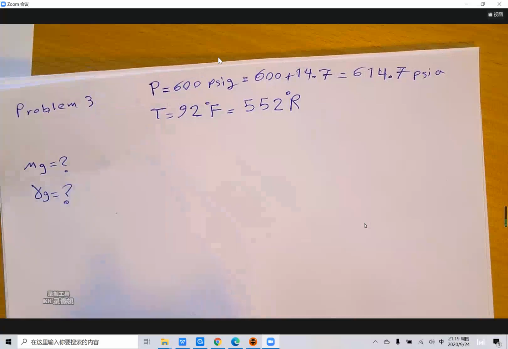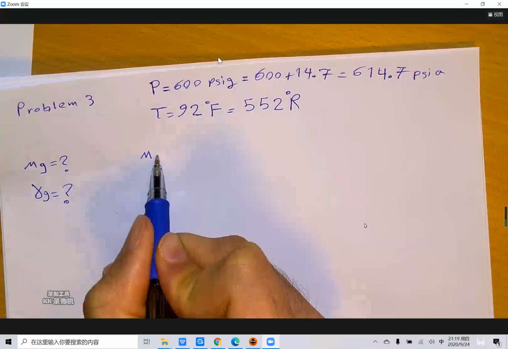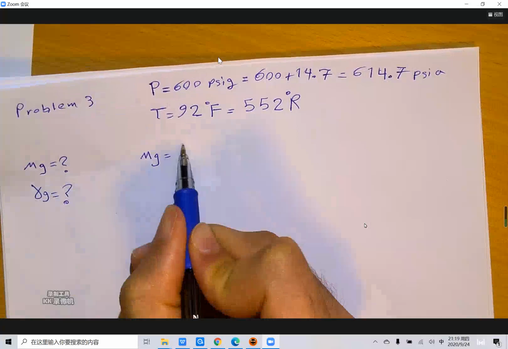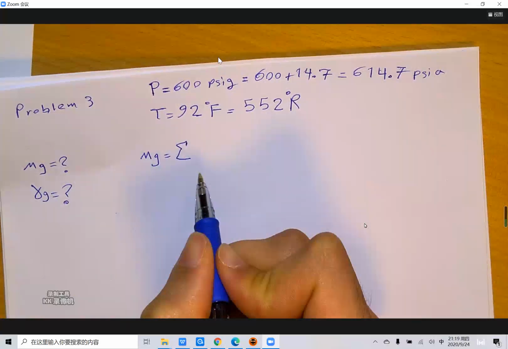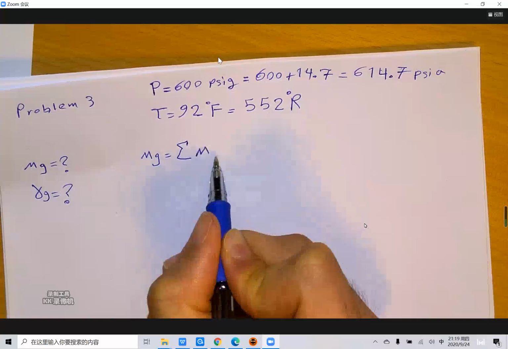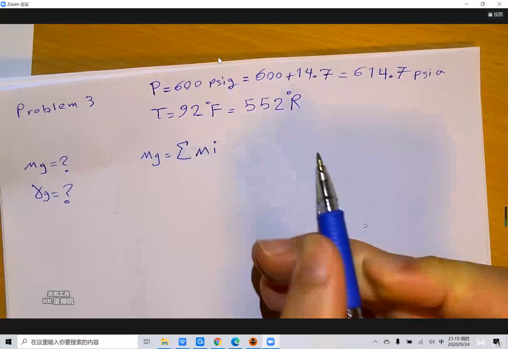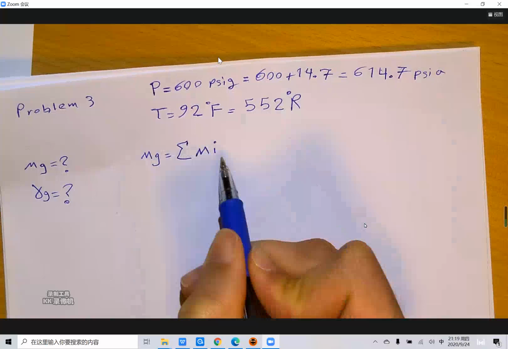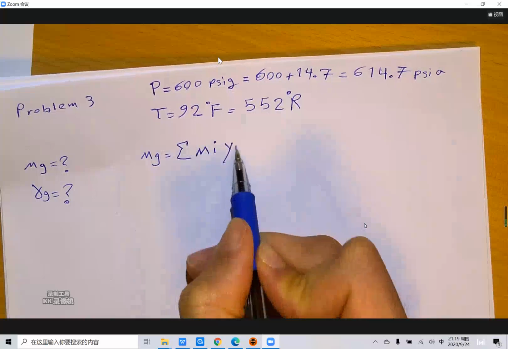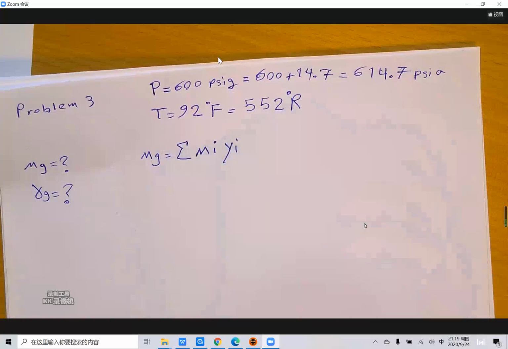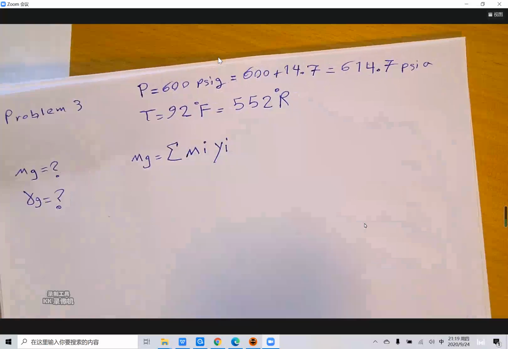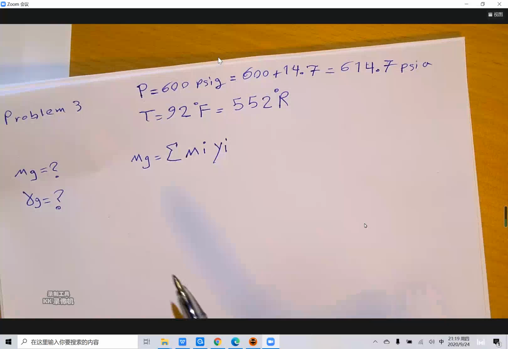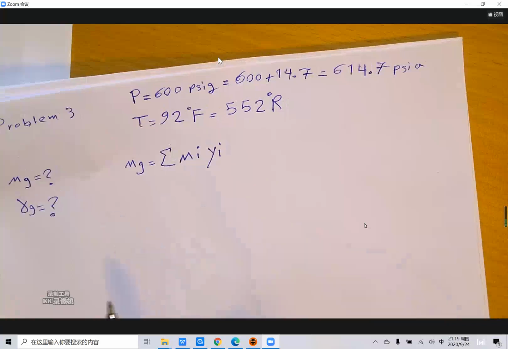For the molecular weight of the gas, we use this equation: the sum of the molecular weight of each component multiplied by its mole fraction. So again, we need to calculate all the components' molecular weights in the table.